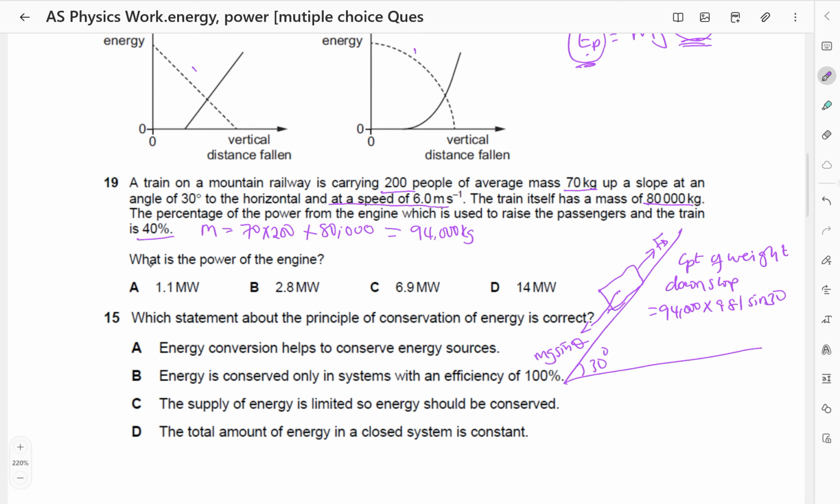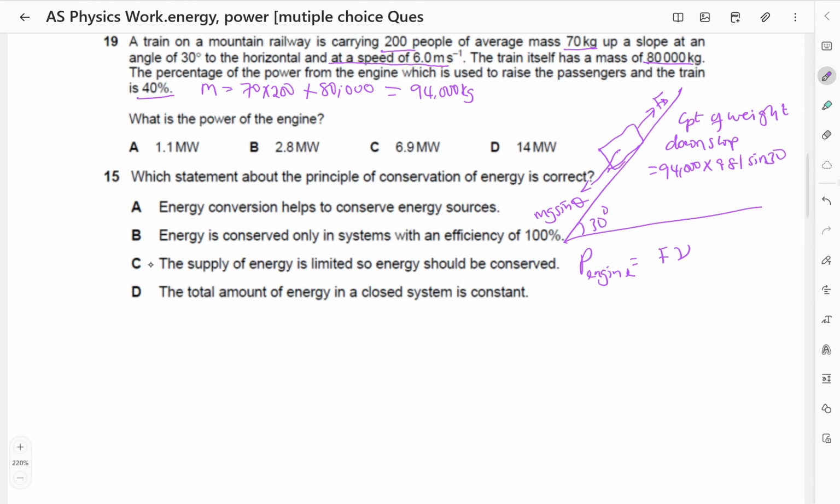So the force by the engine, Fd, is going to be 94,000 times 9.81 sine of 30. So the power by the engine is simply going to be force times velocity.